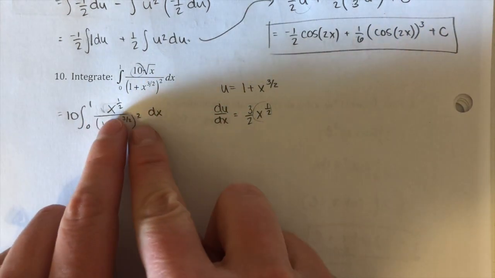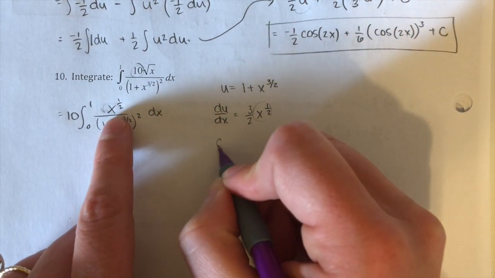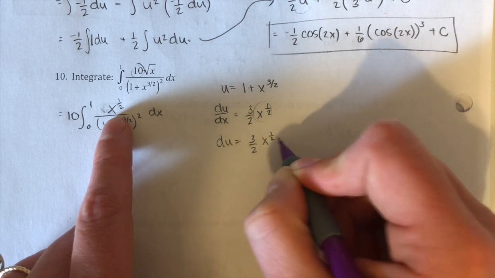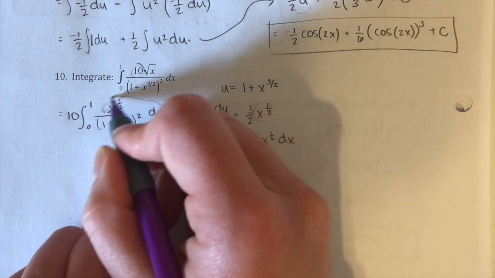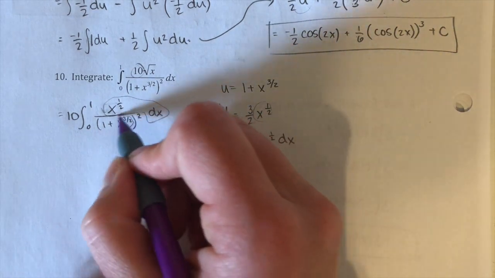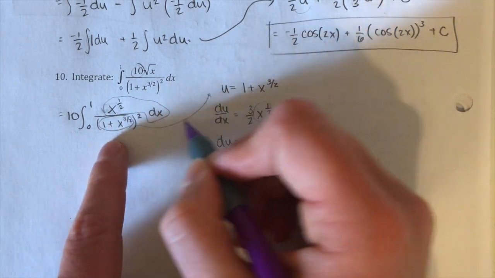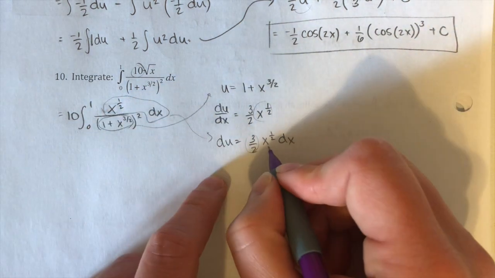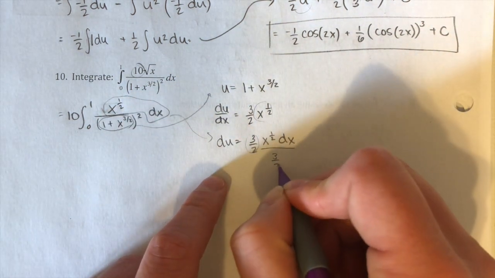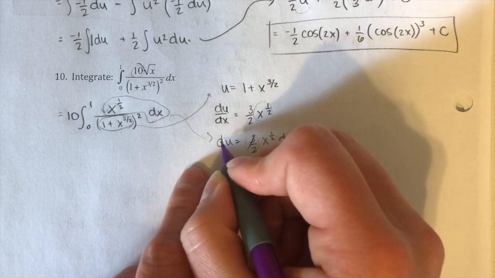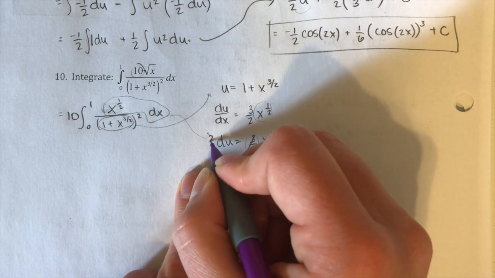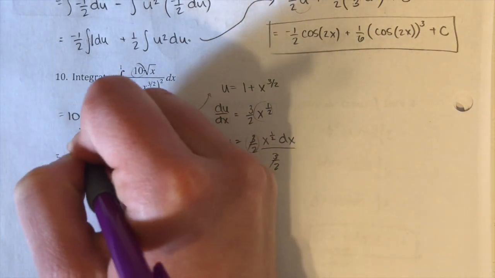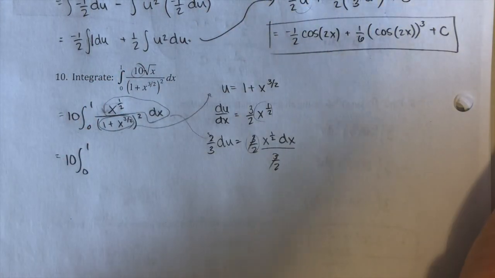So see how now, if I rearrange this, I've got du is equal to 3 halves x to the 1 half dx. So this part is taken care of. This part is taken care of. We just need to get rid of that 3 halves for when we substitute it in. So divide both of these by 3 halves. Divided by 3 halves is the same as multiplying by 2/3. This is going to be 10 from 0 to 1.